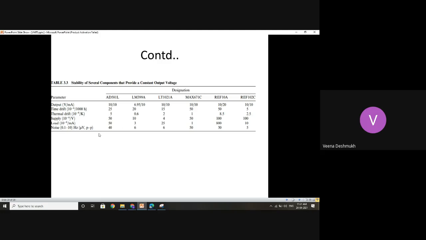So these are all for different ADCs, or this is a sensor, or this is a reference voltage source. So for all of them, depending upon what components they are, you have different variable parameters and factors which need to be considered. These all depend upon the application which you are concentrating on.